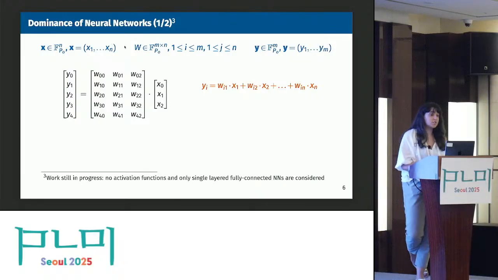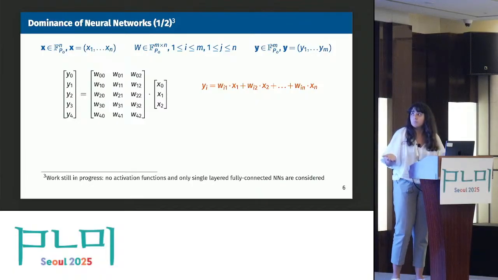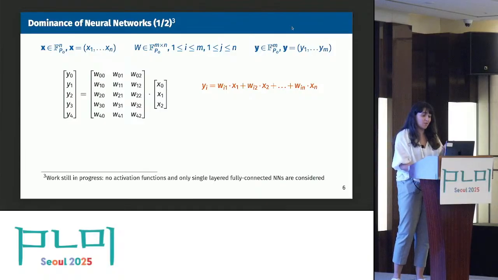We have a matrix of weights w of size m times n, and y is the output of our neural network, of size m. The neural network is just doing multiplication, so the output y is a multiplication of w and x.